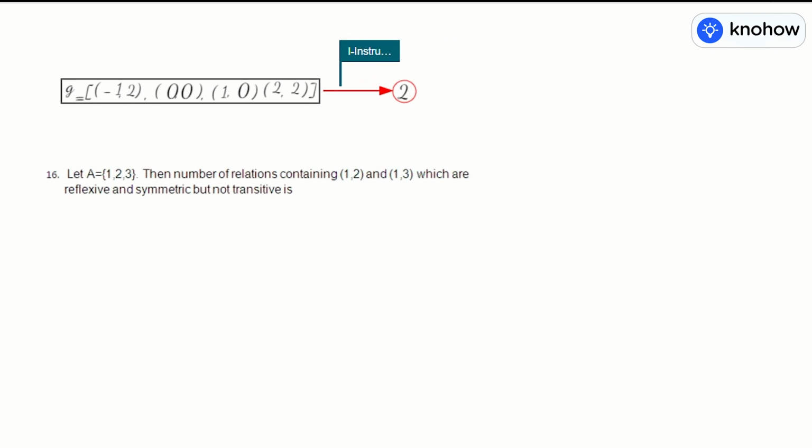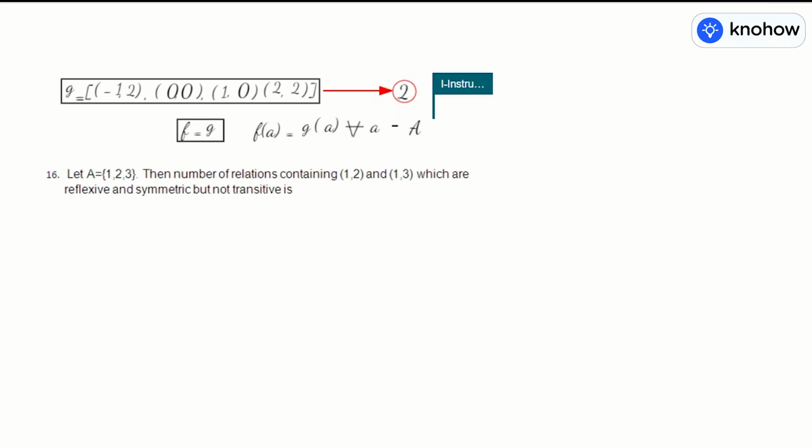We find that all the elements of set f are exactly the same as the elements of set g. Or in other words, f(a) equals g(a) for all a in the given set A, and hence the two functions f and g are equal.